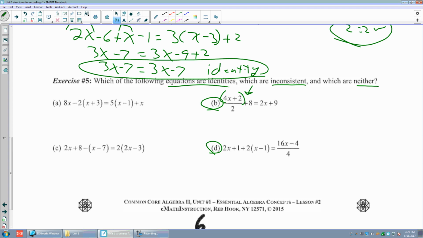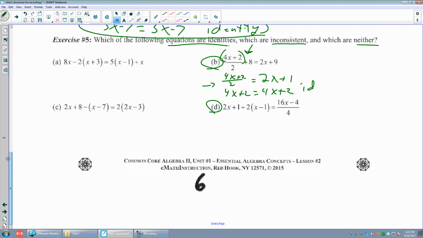So I'm going to subtract 8 from both sides. We have 4x plus 2 all over 2 equals, subtract the 8, equals 2x plus 1. Now I multiply both sides by 2 to get rid of that divide by 2. 4x plus 2 equals 4x plus 2. Oh, identity.